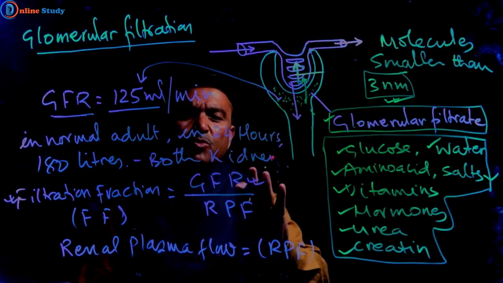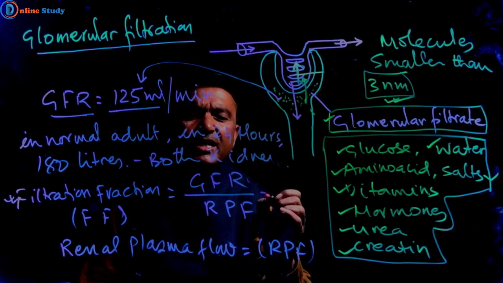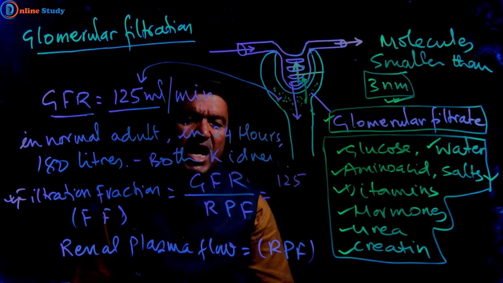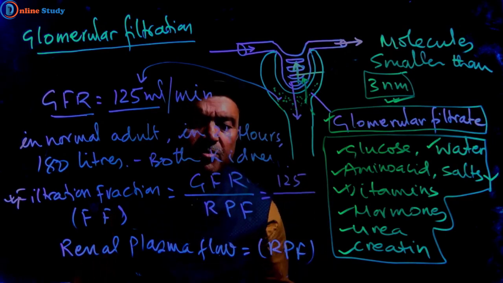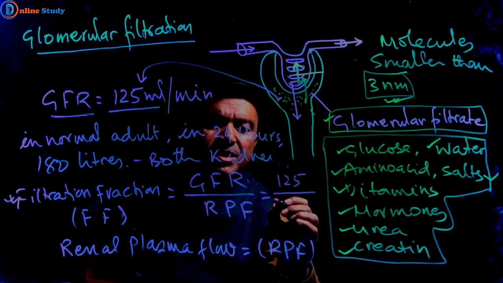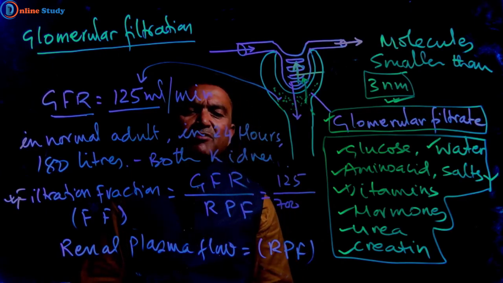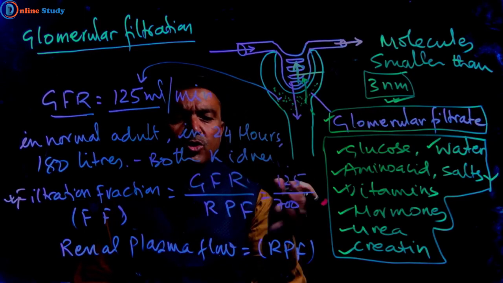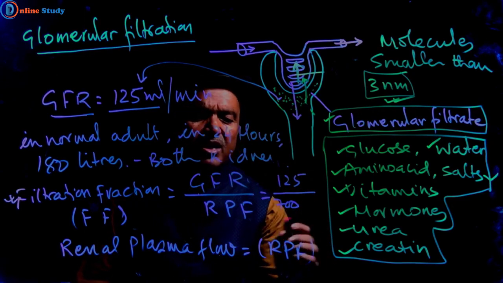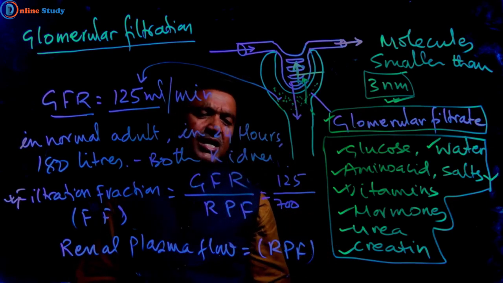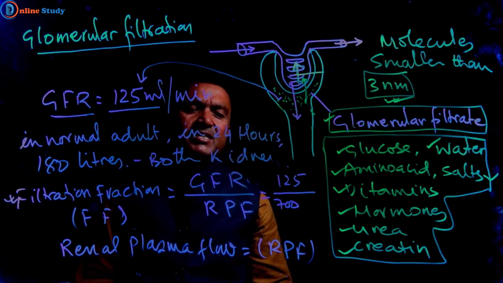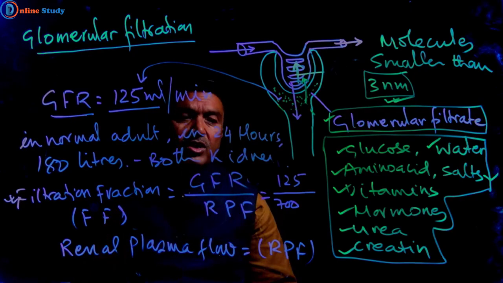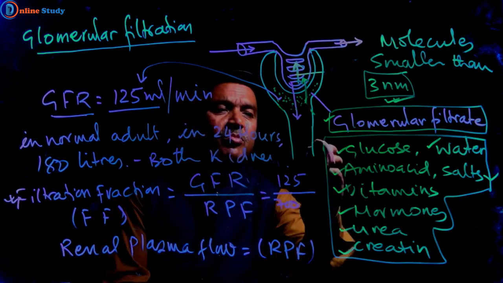For GFR we can put the value we have already mentioned, 125 ml per minute. And in both the kidneys, about 700 ml plasma flows.